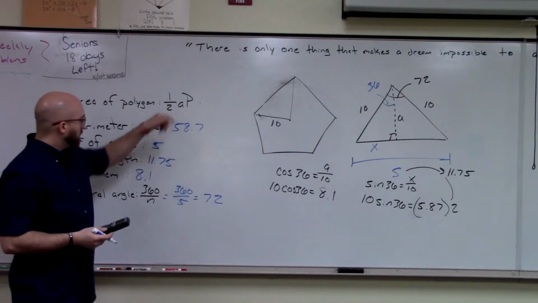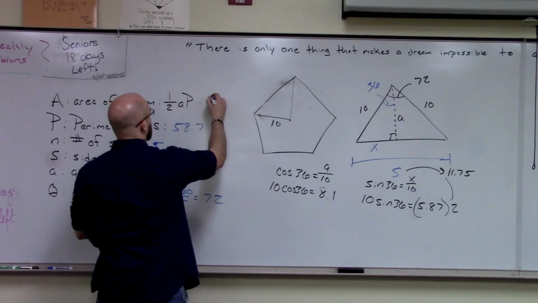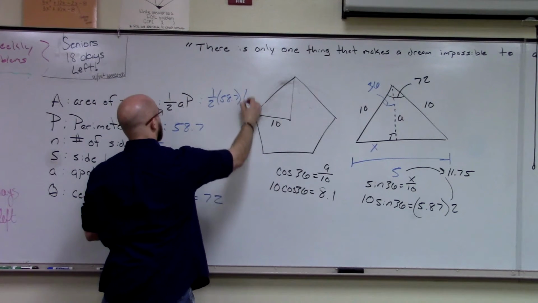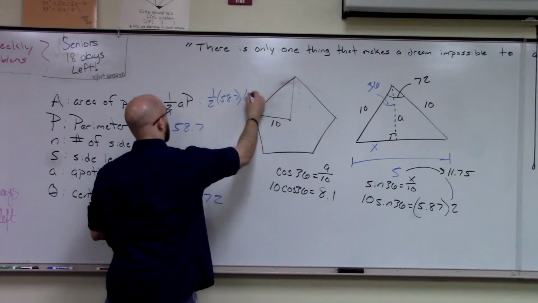Now let's plug that all into our area for polygon. So 1/2 times 58.7 times 8.1.